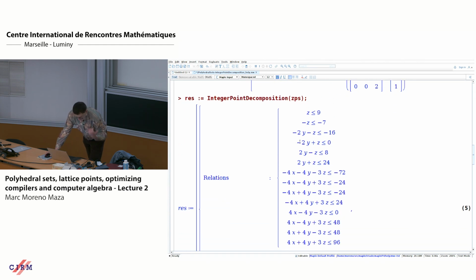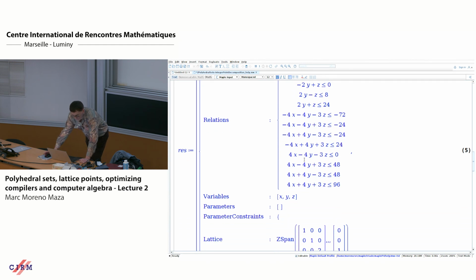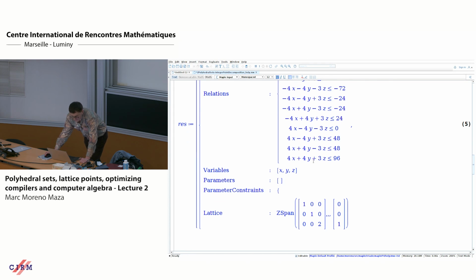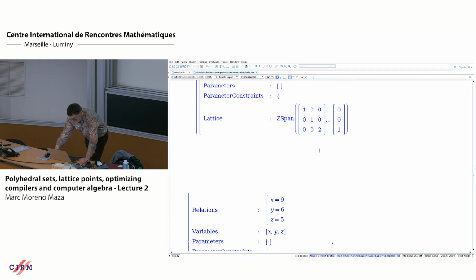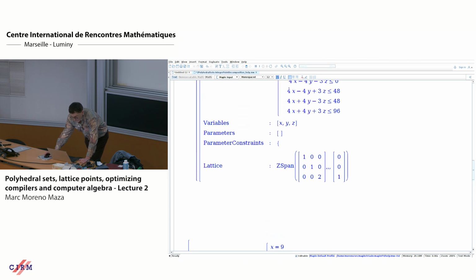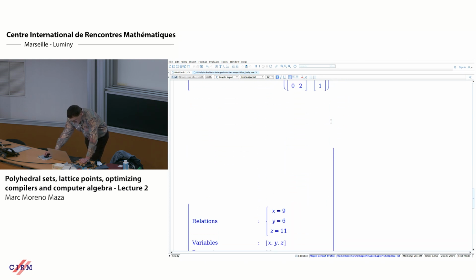Now in the output, you have Z-polyhedral sets which are normalized, so they have all these nice properties, they are consistent, and you can enumerate the points if you want by back substitution. Here in the decomposition, there is one main component of maximum dimension and 2 points.